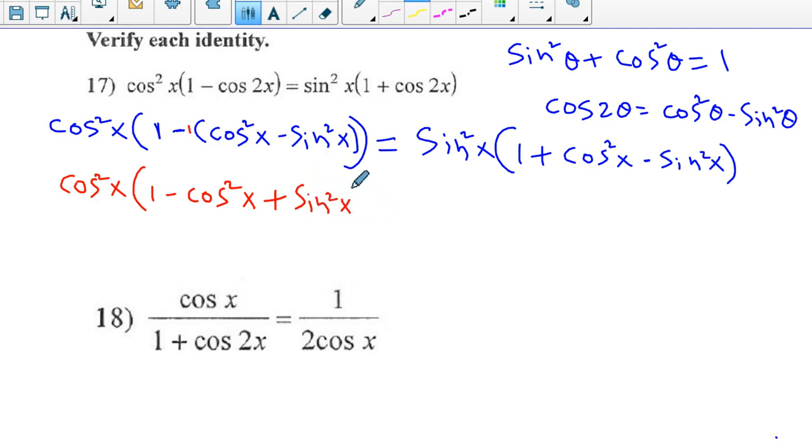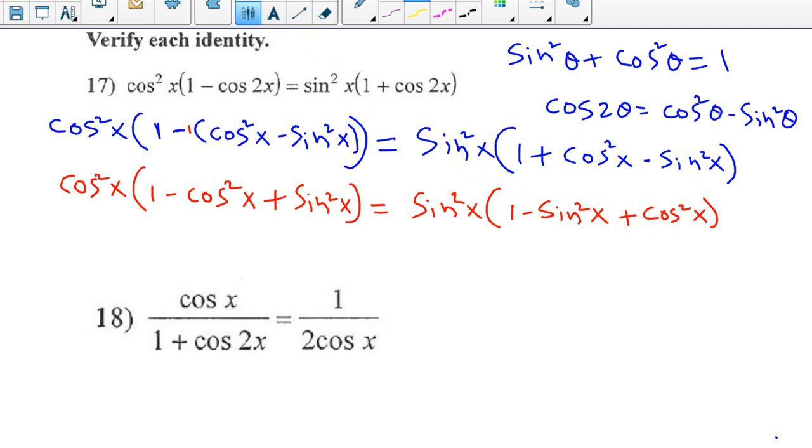Okay, close this parenthesis, that is equal to sine square x times, I'll write 1 minus sine square x together, 1 minus sine square x plus cosine square x.